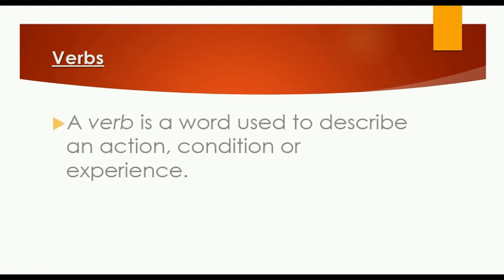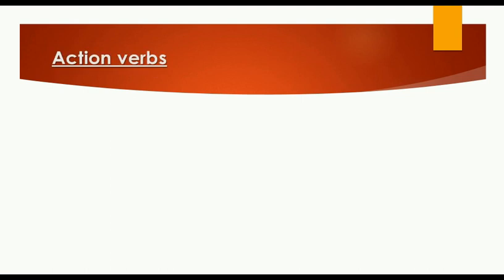Now we are going to talk about another word class, which is verbs. A verb is a word used to describe an action, condition, or experience. In this video, I will talk about 2 types of verbs.